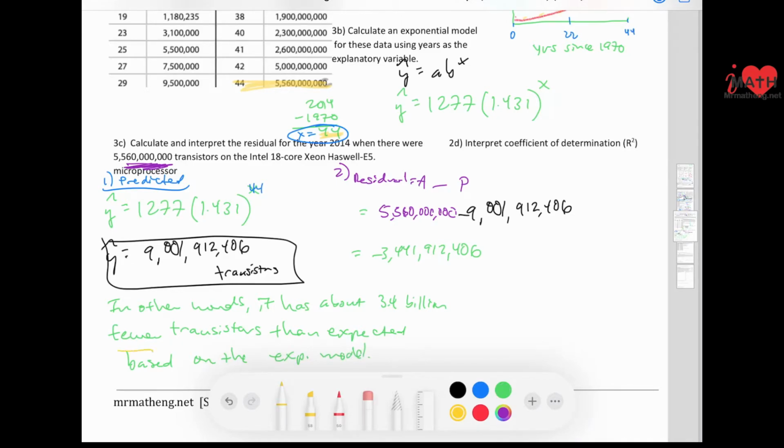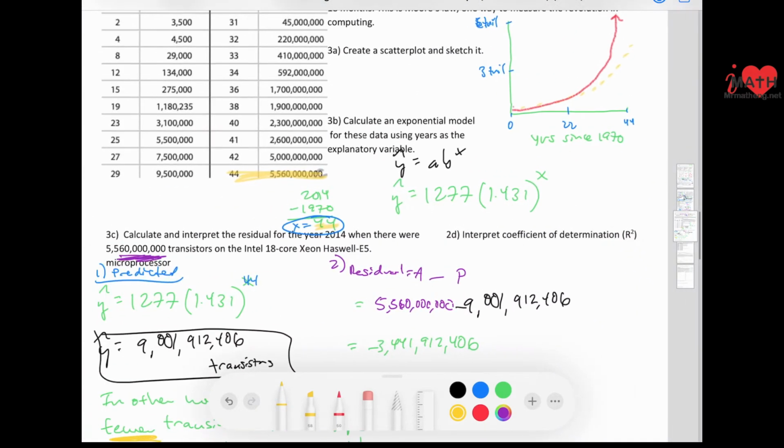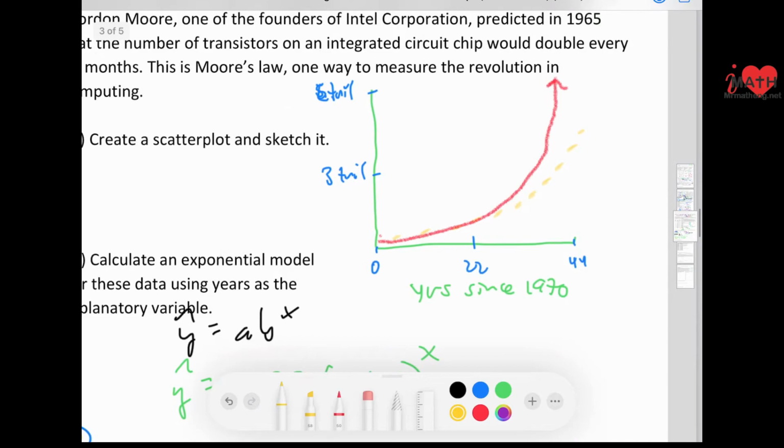Okay, remember, what does it mean that it is fewer? So if you go here, what we're trying to say is that the predicted based on that red graph would have been something like way up here. But the actual was 5 point something, so something down here.